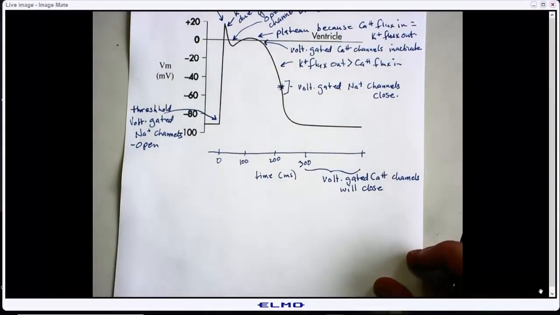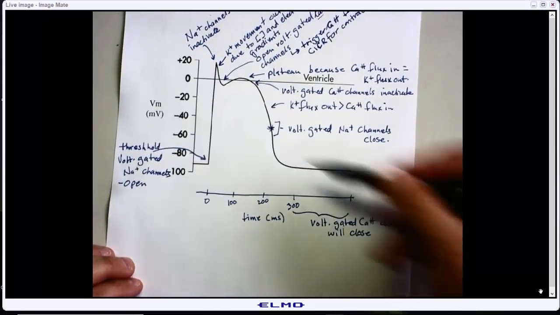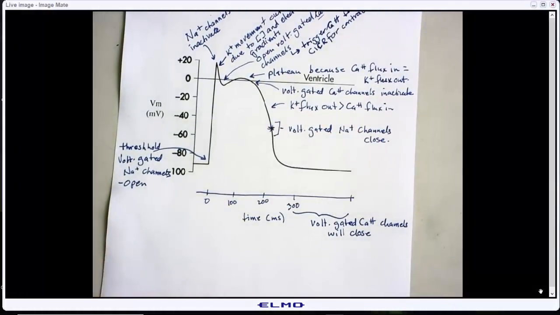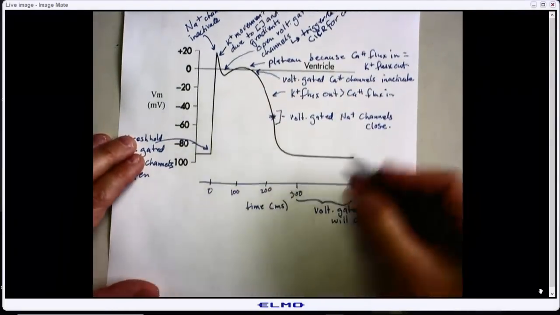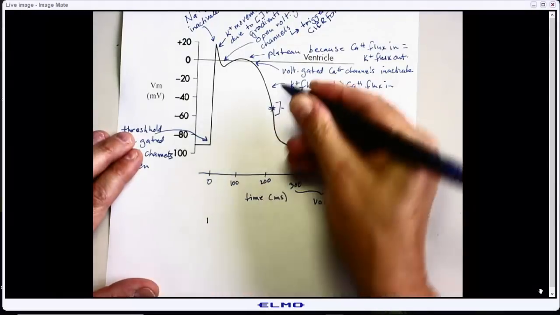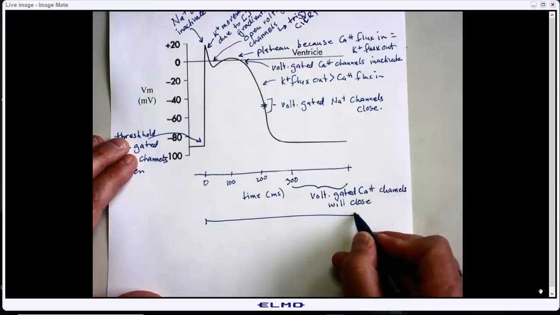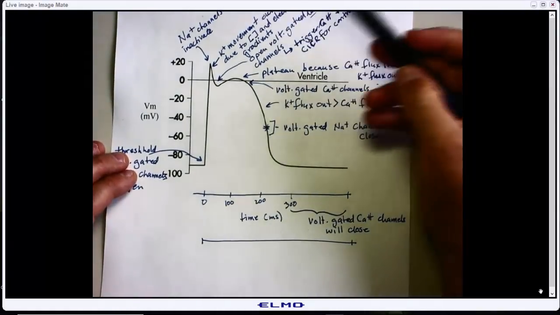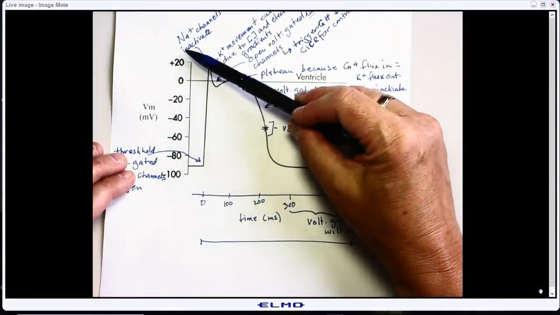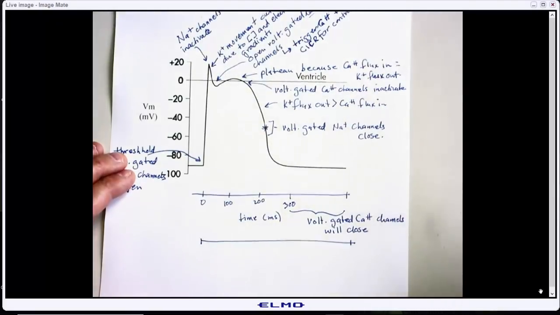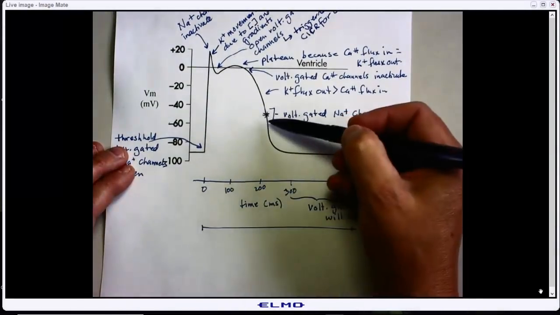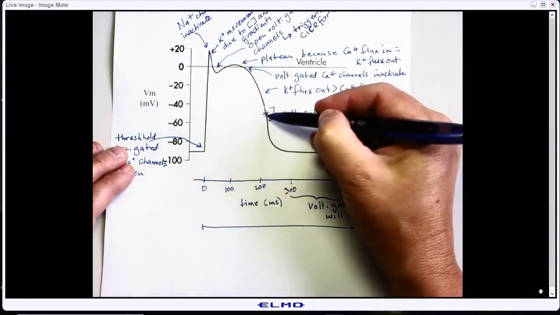So again, critical to those, as in our discussion with the nodal cells, is they create these refractory periods. Okay, so there will be a region at which we can't generate another action potential at all because all the sodium channels are in their inactive state.